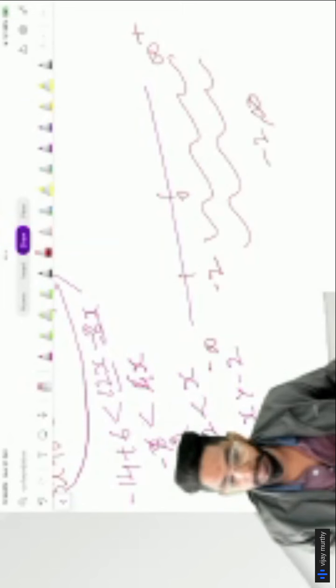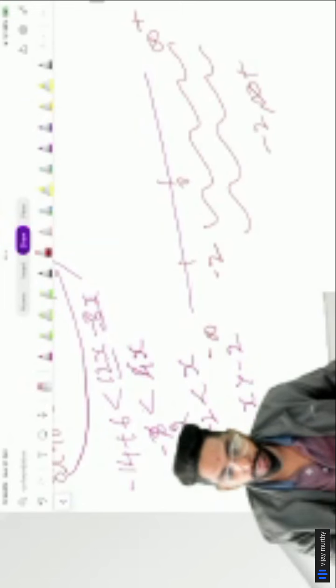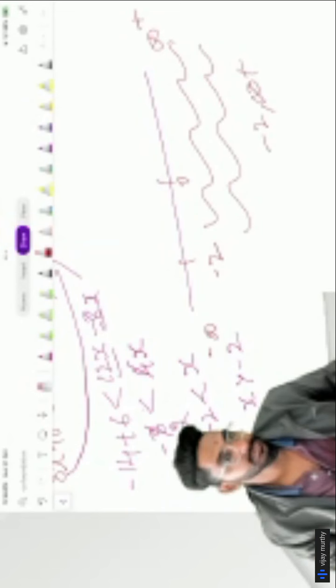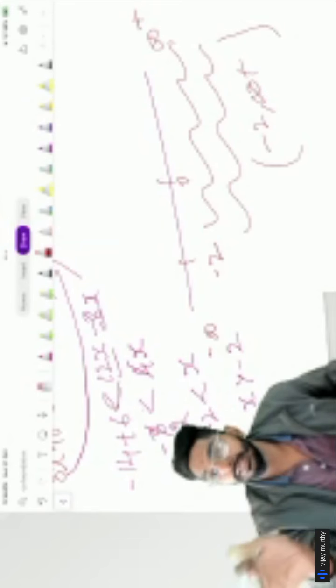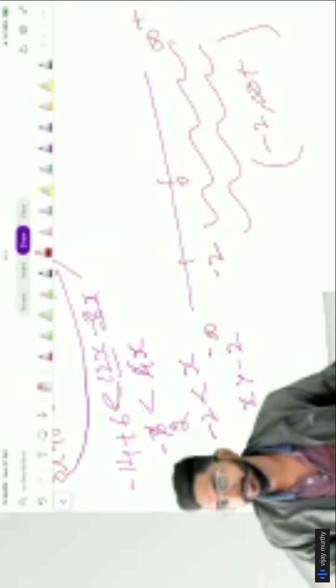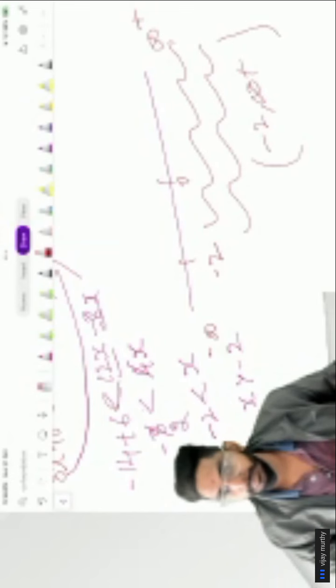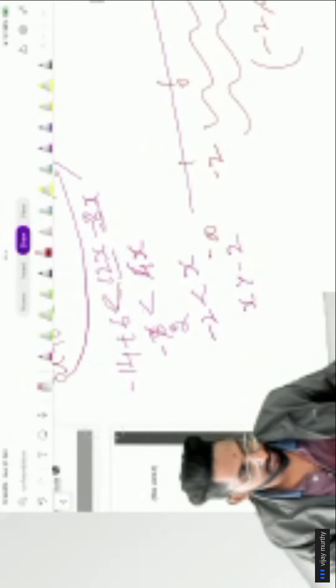So the range is minus 2 comma plus infinity. So should we write big bracket or which bracket? Small bracket, because the equal symbol is not given. So small bracket, minus 2 comma plus infinity, option D.